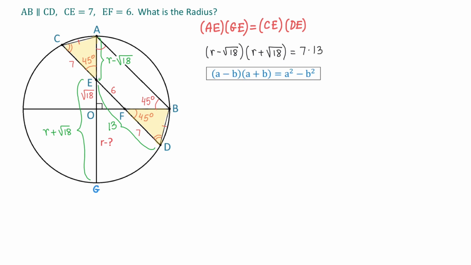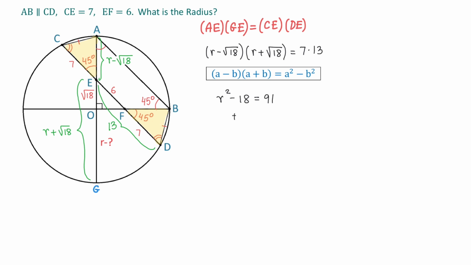On the left side, we will use the formula A minus B times A plus B equals A squared minus B squared. So according to this formula, on the left side we will have R squared minus, and then square root of 18 squared is 18. Then on the right side, 7 times 13 is 91.